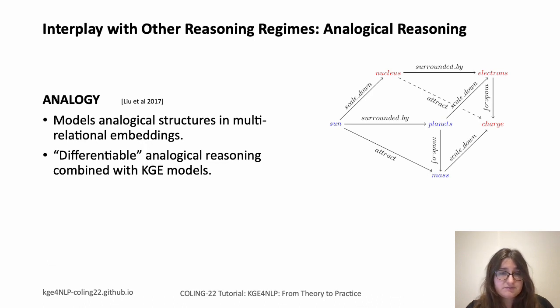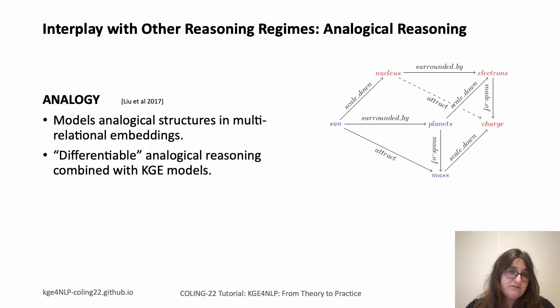So, for example, in this slide we can see that nucleus to electrons is as sun is to planets, and mass to planets is similar to charge to electrons, which could be represented in a parallelogram, and this is explored in this work.